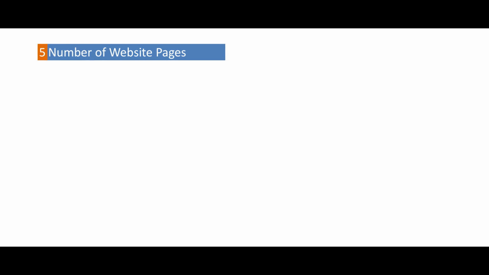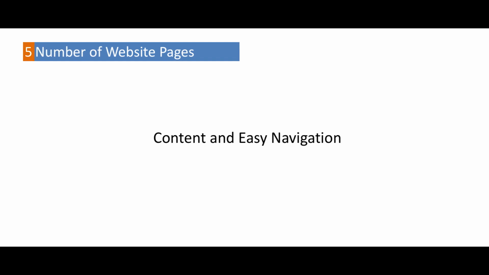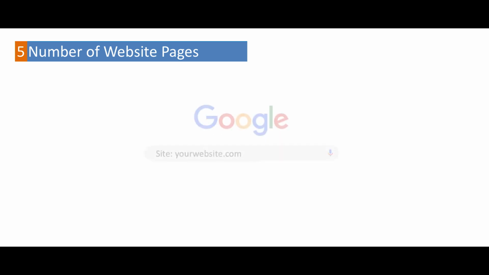Now plan for the number of pages of your website. By keeping in mind the content and easy navigation of your website, you may plan for the required number of web pages. If you simply want to check the pages of your competitor's website or any other website, simply type site:yoursite.com in the Google search engine.